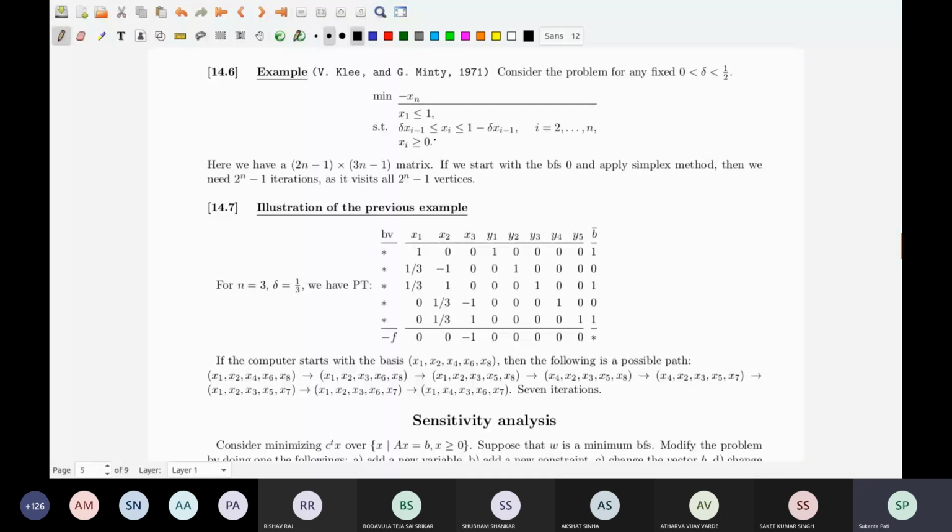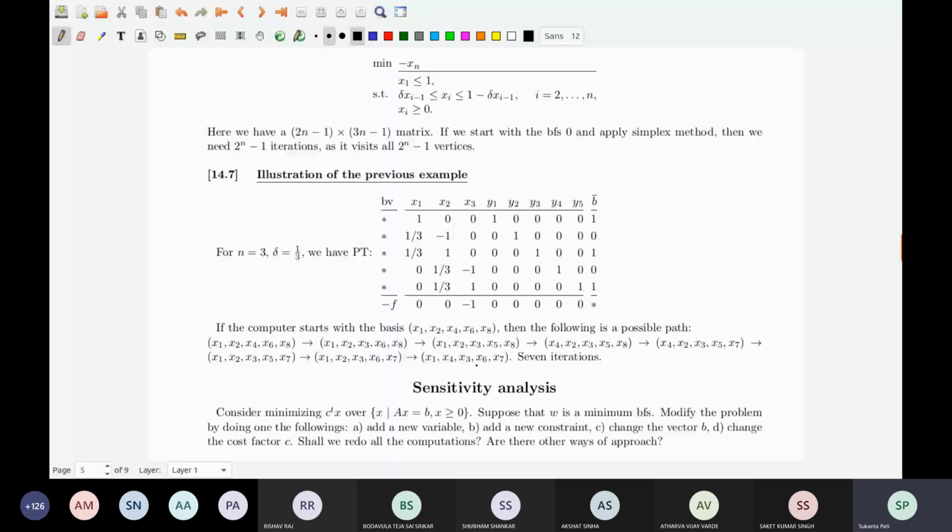So theoretically it is exponential, but those who have observed it and employ this, they report that on an average it takes about n cube kind of operations.